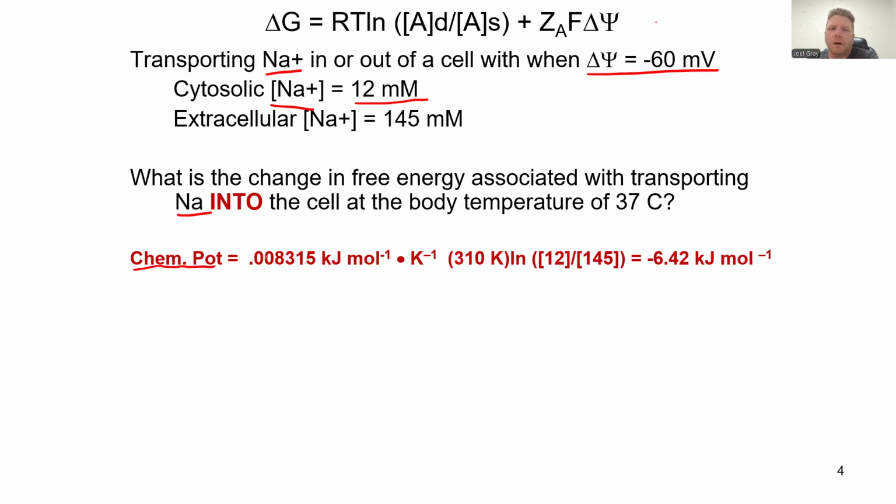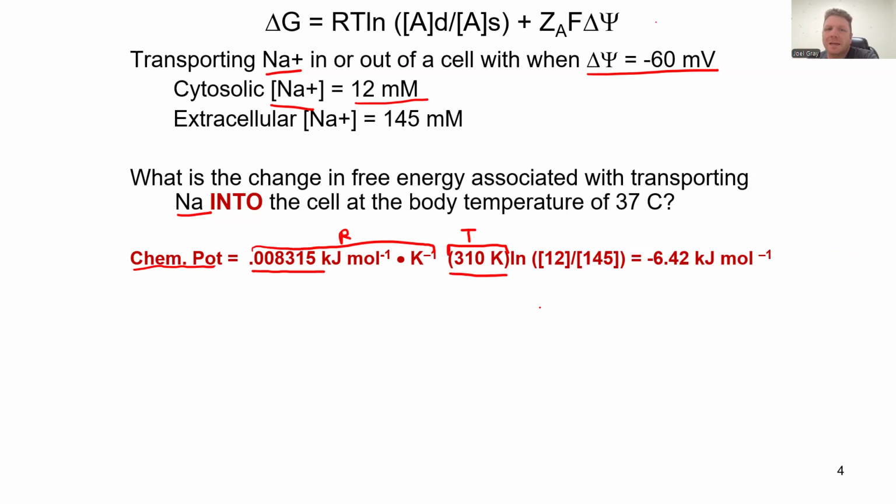So we'll take the R value of 0.008315 kilojoules per mole Kelvin times 310, which is our temperature. So this effectively is R. This is T, and then natural log of our destination concentration divided by our source concentration.